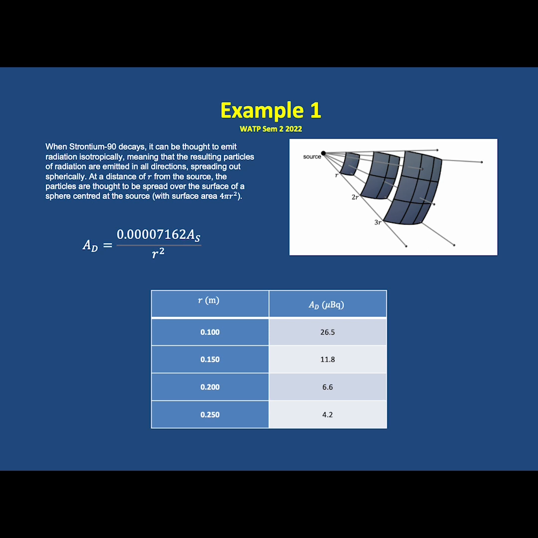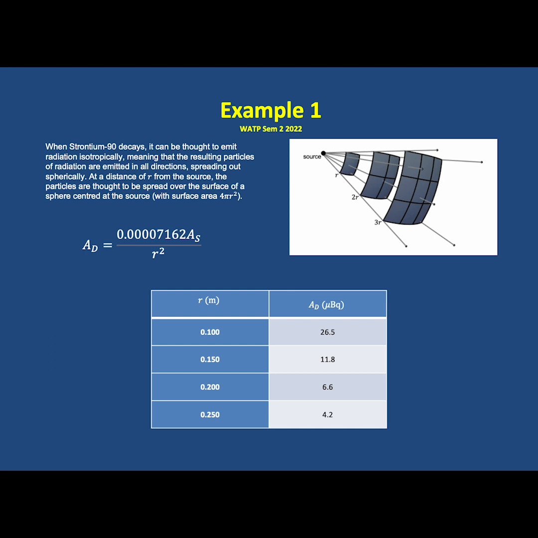The thing about Geiger counters is that they can only read the radioactivity that is directed towards them. So the further you get away from a radioactive source, the less of the activity that the Geiger counter is going to read. The radioactive source is letting out radiation in all directions surrounding itself, but only that radiation which is targeted towards the Geiger counter is going to give a reading.